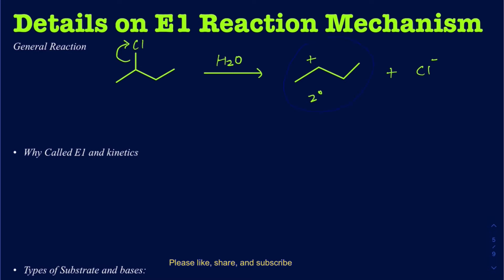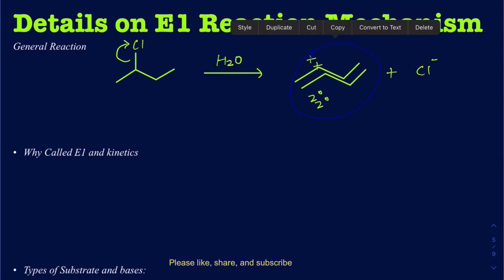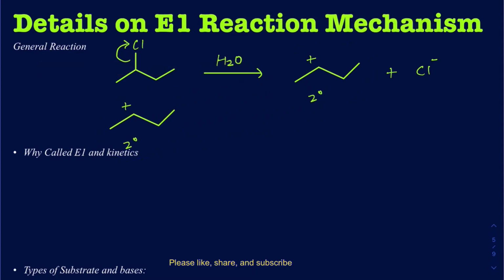In an SN1 mechanism, the second step involves the attack of a nucleophile, but in this particular case, the second step is a weak base, which is also technically a weak nucleophile, coming in and grabbing the beta proton. It's going to grab this beta proton here, and in the process make a double bond.